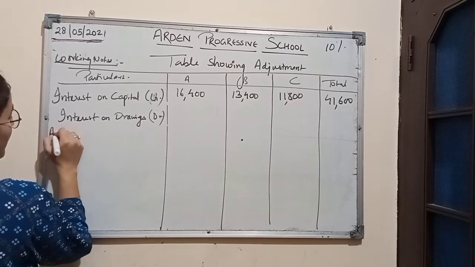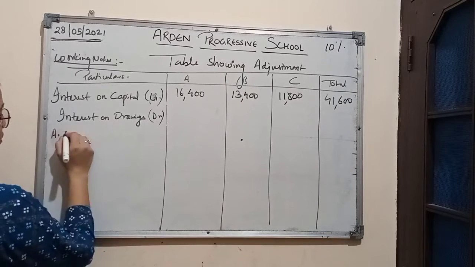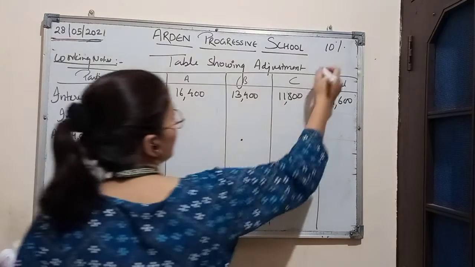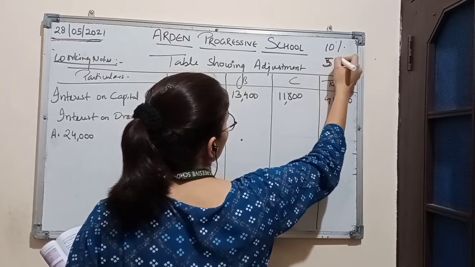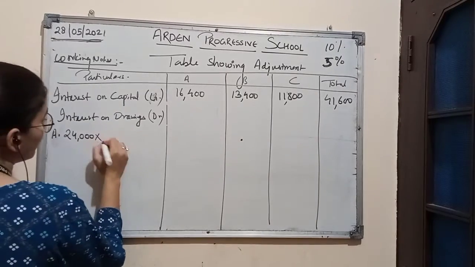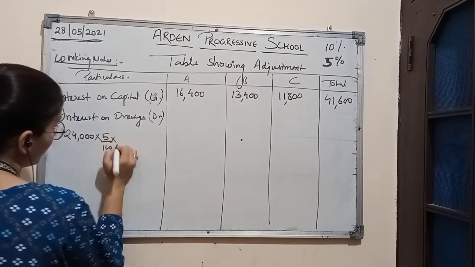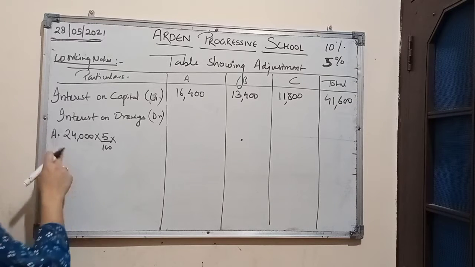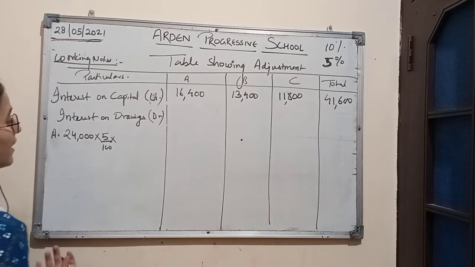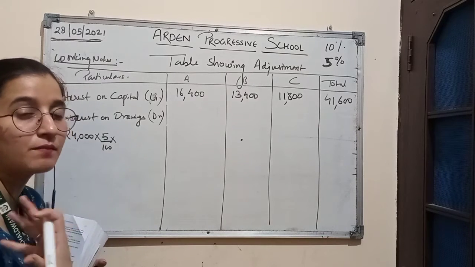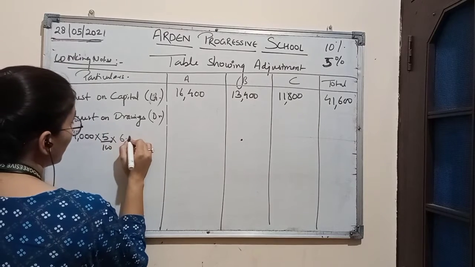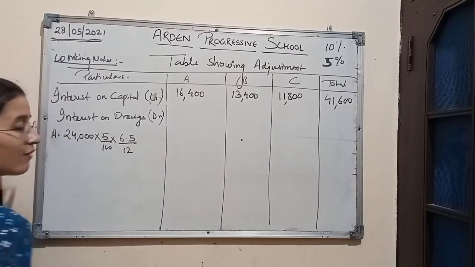As we know, A has withdrawn the total amount of drawings 24,000, and interest on drawings is charged at the rate of 5% per annum. Now A is withdrawing this amount of drawings in the beginning of every month, and we know when the partner withdraws the same amount in the beginning of every month, then the average period is calculated for a time period of 6.5 months.